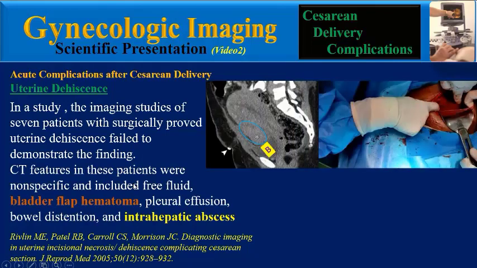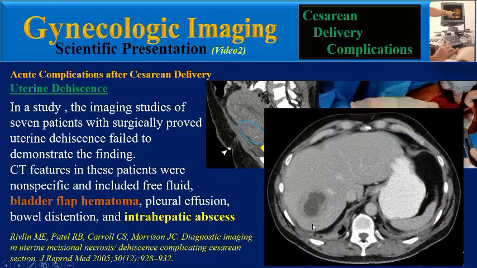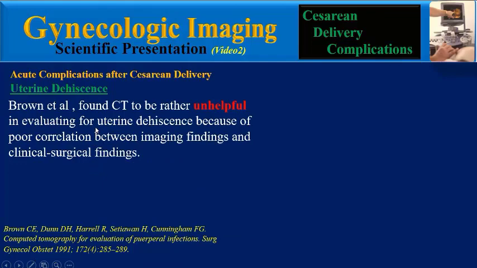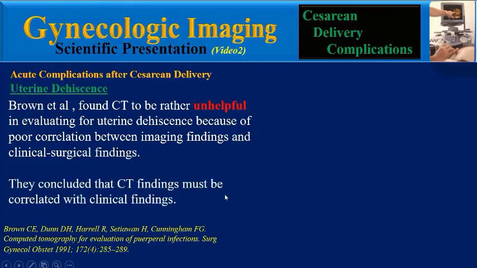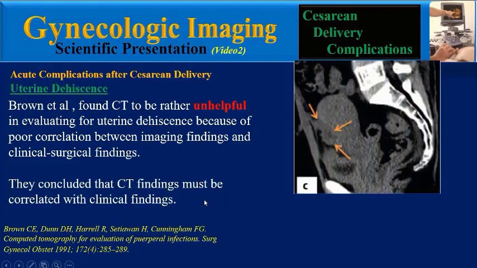CT features in these patients were non-specific and include free fluid, bladder flap hematoma, pleural effusion, bowel distension, and intrahepatic abscess. Another study found CT to be rather unhelpful in evaluating for uterine dehiscence because of poor correlation between imaging findings and clinical surgical findings. They concluded that CT findings must be correlated with clinical findings.